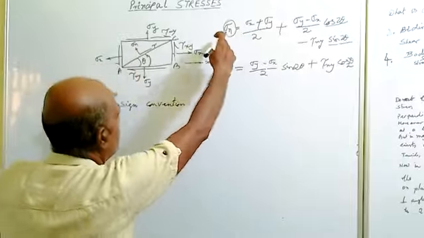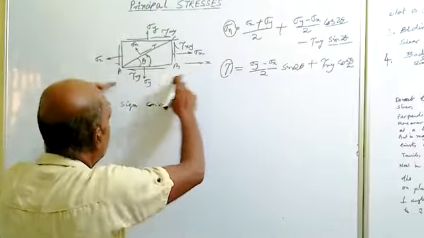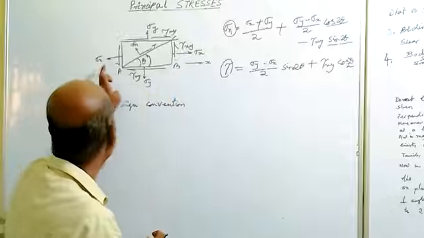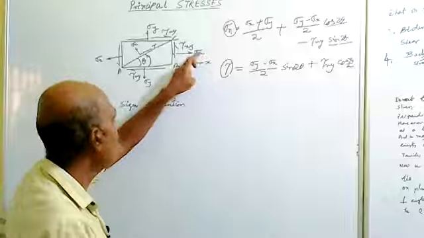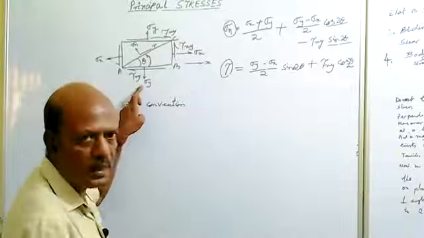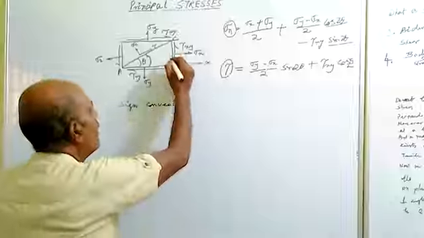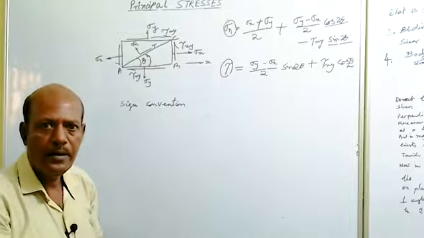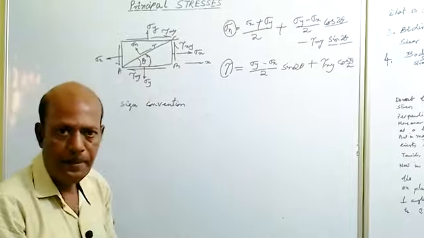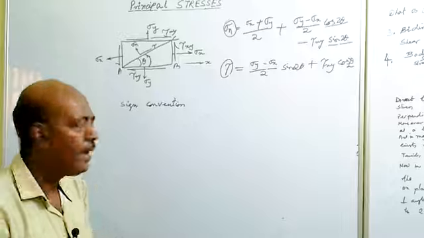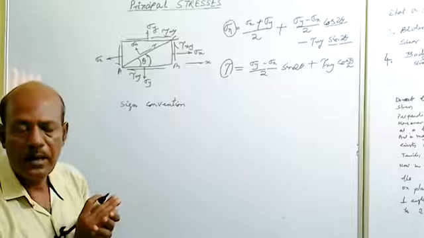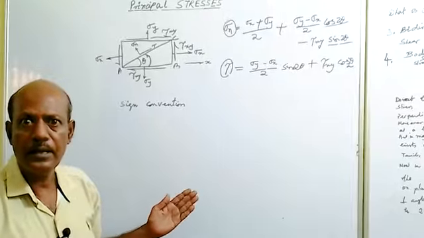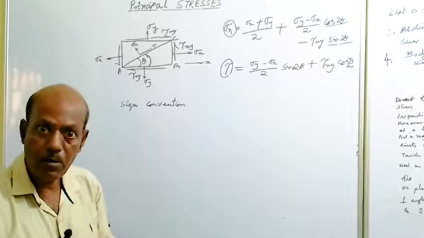And with this formula, you just remember the figure. In this figure, we have considered that sigma x is tensile, sigma y is tensile, and tau is acting in anti-clockwise sense on the x plane and clockwise sense on the y plane, and the inclined plane makes an angle theta with the x direction in anti-clockwise sense.